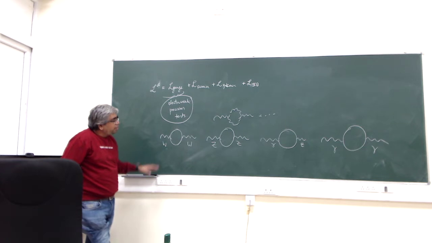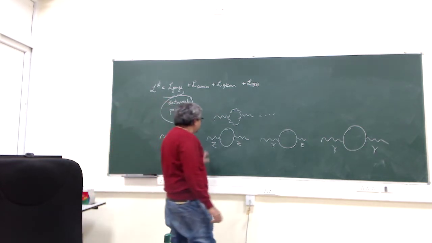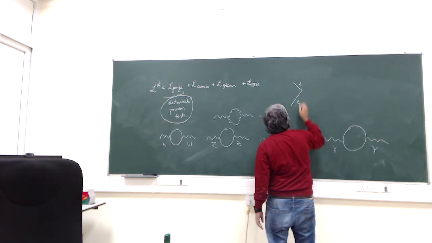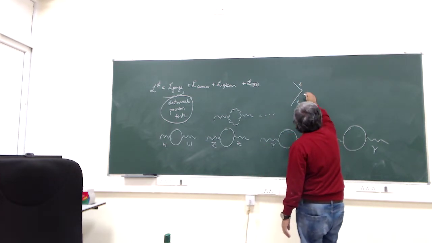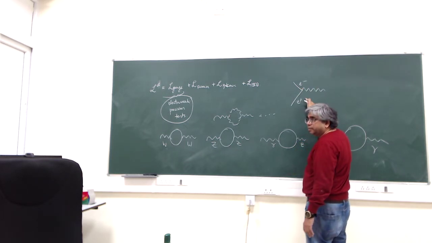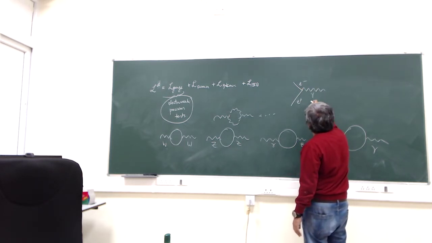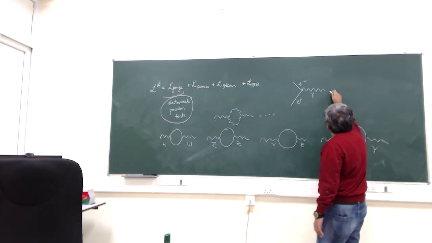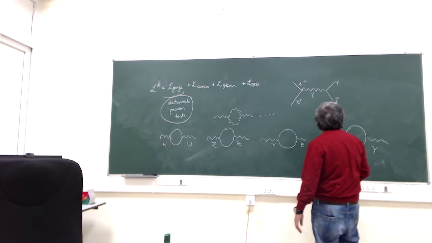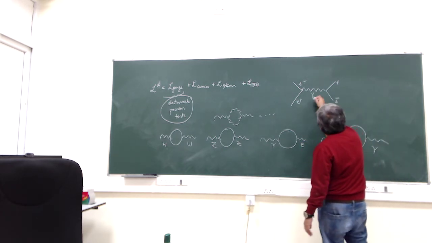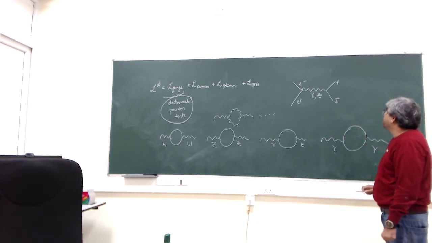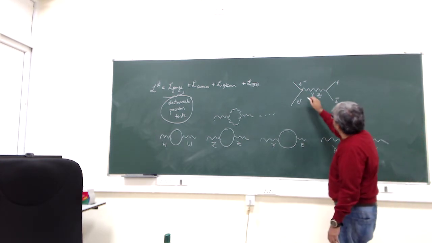Now, if you have an e+ e- collider, for example, the e+ e- annihilate. It annihilates either through a photon and then produces f f bar, or it can also produce a Z. Now the couplings are here.